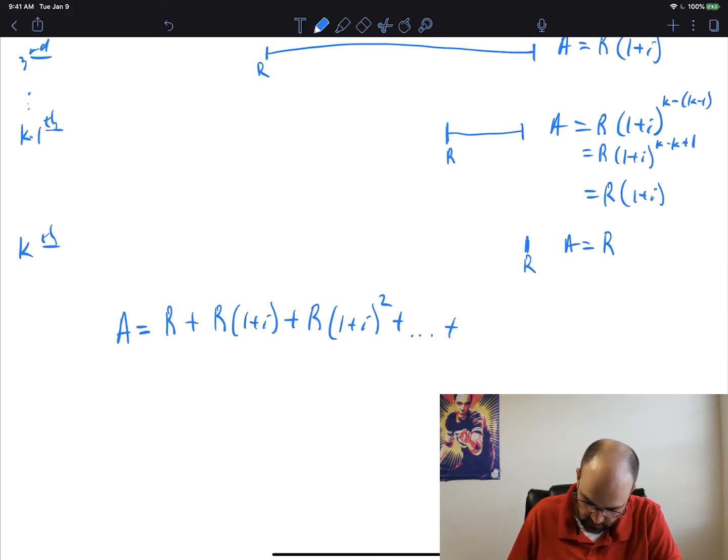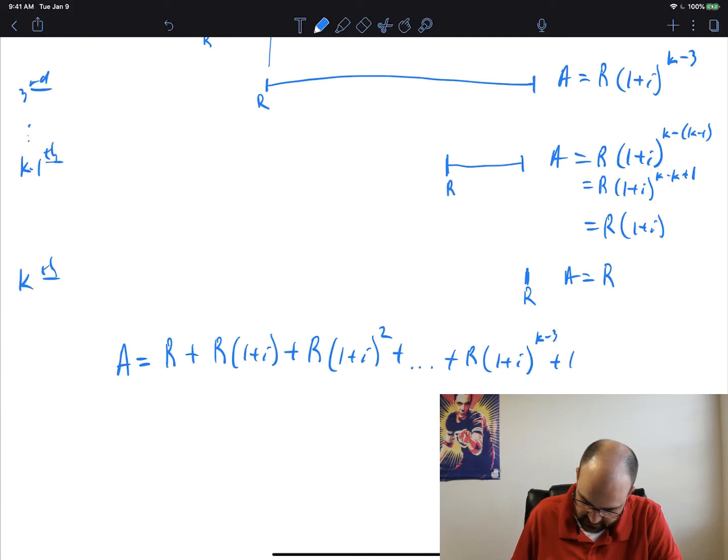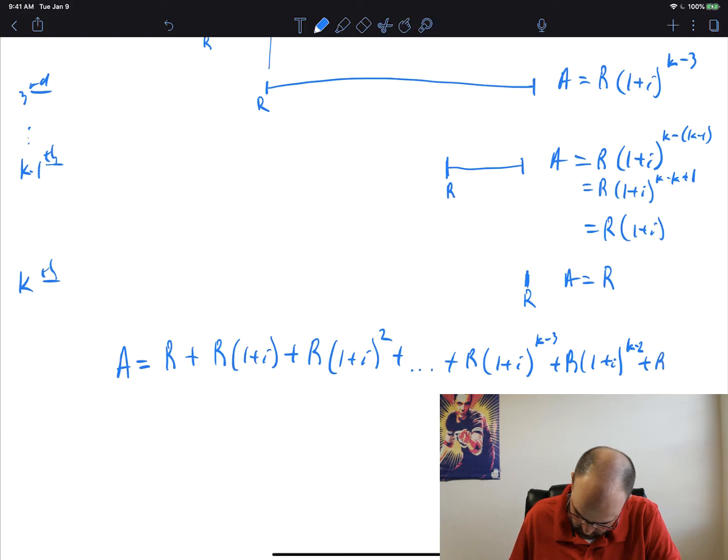We have R times 1 plus I to the K minus 3, plus R times 1 plus I to the K minus 2, plus R times 1 plus I. Let's make that a little bit smaller.